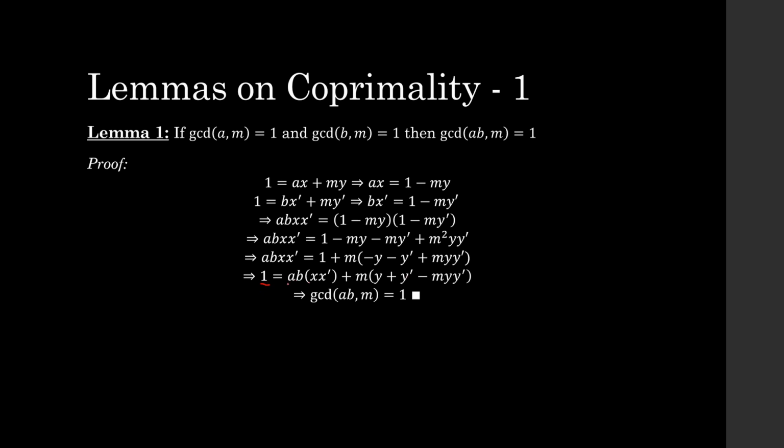This is a linear combination of AB and M, and so that means that this is a multiple of the GCD of AB and M. But since here we've got 1, that means that 1 is a multiple of the GCD, and we've seen before that if a number divides 1, then that number is equal to 1 or minus 1. And the greatest common divisor can never be equal to minus 1 because it has to be positive. So that means that the GCD is equal to 1.